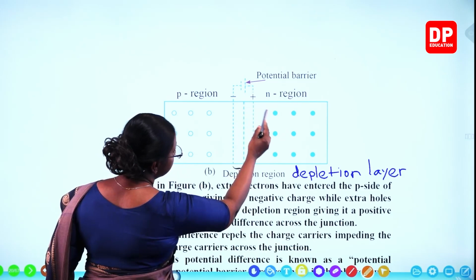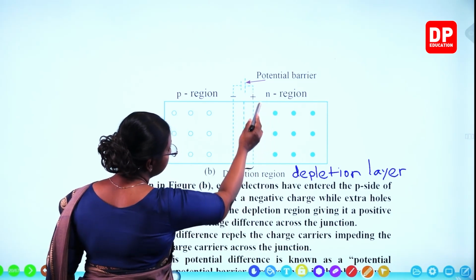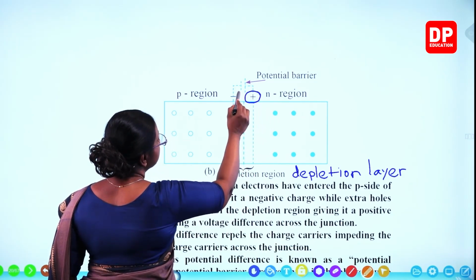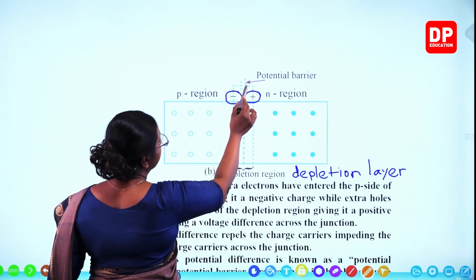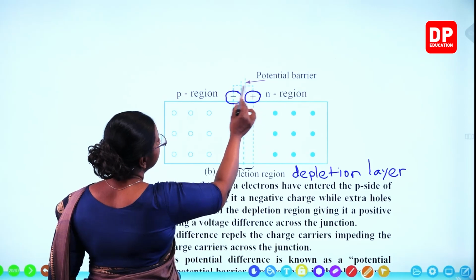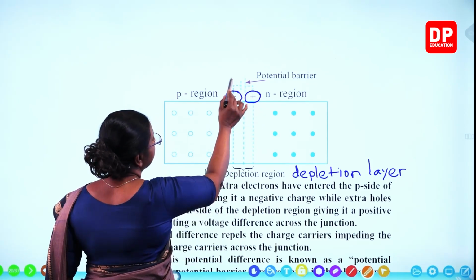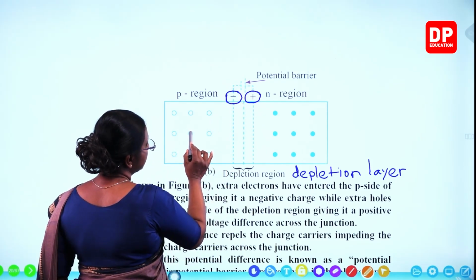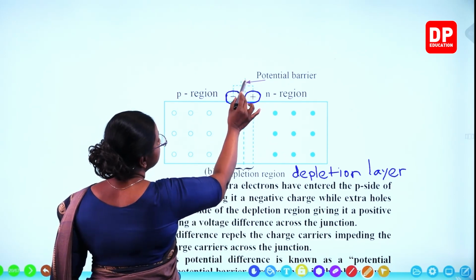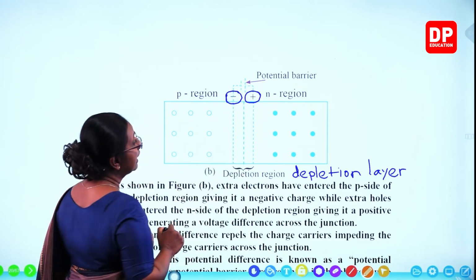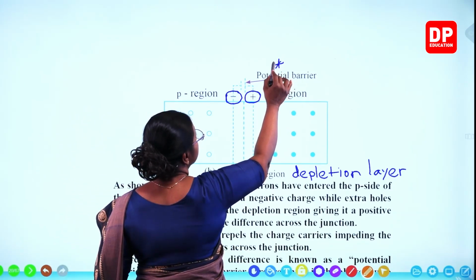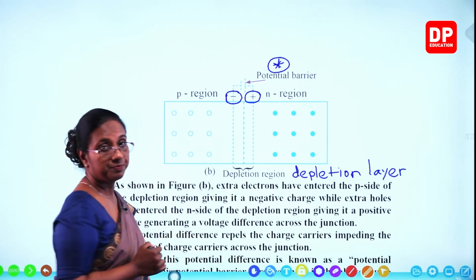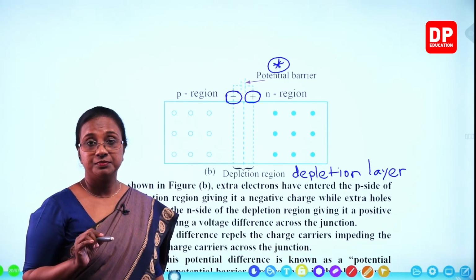This side, since there are more holes in this region, it becomes positively charged. So this is like being connected to the potential terminal like this. Negative terminal is connected to the positive p-type region. Positive terminal is connected to the N region. So because of that, that becomes a potential barrier. Is that clear to you all?